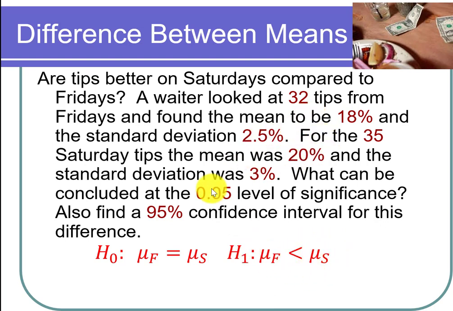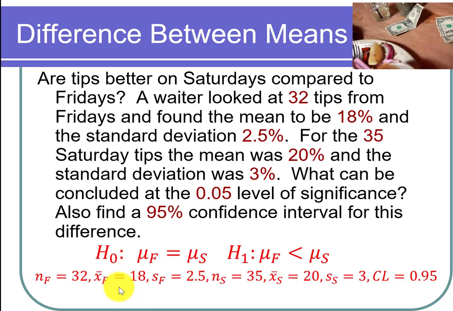Then let's write down what all these numbers are. The sample size for Friday was 32. The X bar for Friday, the sample mean for Friday, was 18. The sample standard deviation for Fridays was 2.5.